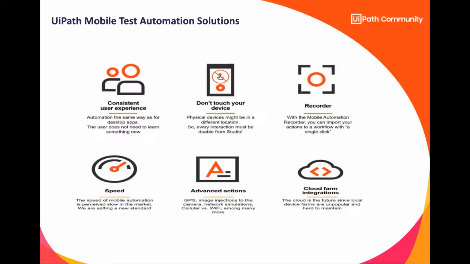Advanced actions, yes. While doing mobile application automation, there are the basic actions, like tapping on some element or typing some text, set text, all these activities are there. But there are some advanced activities that also need to be performed, like GPS or image injection to the camera, right?